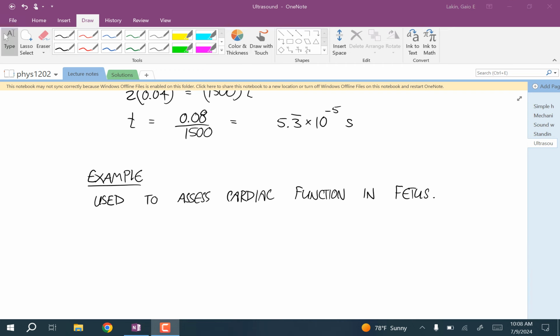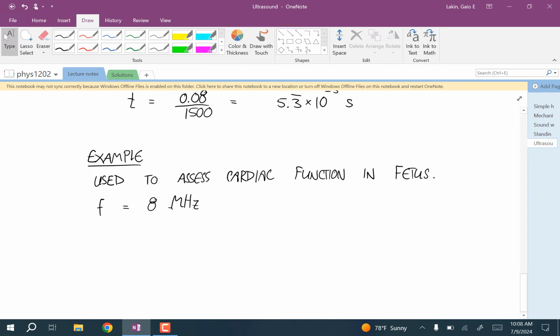And we're going to consider an ultrasound frequency of 8 megahertz. And this ultrasound signal is sent to the heart wall.